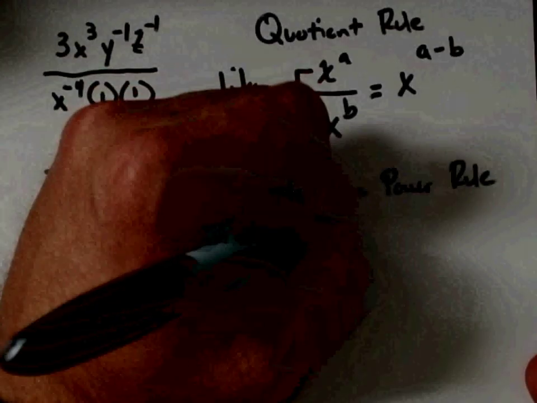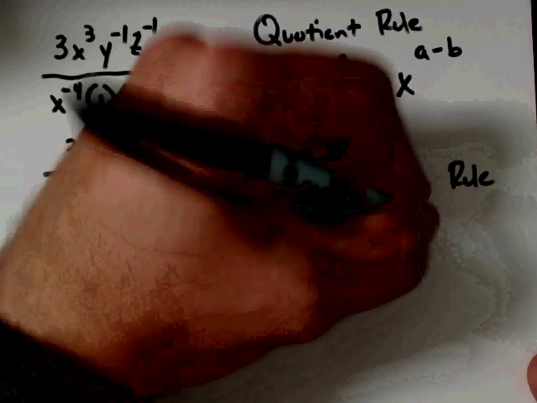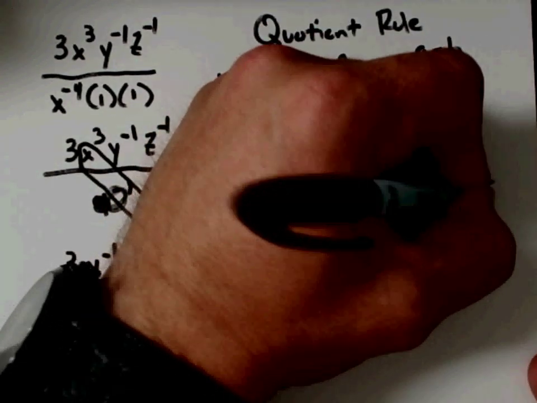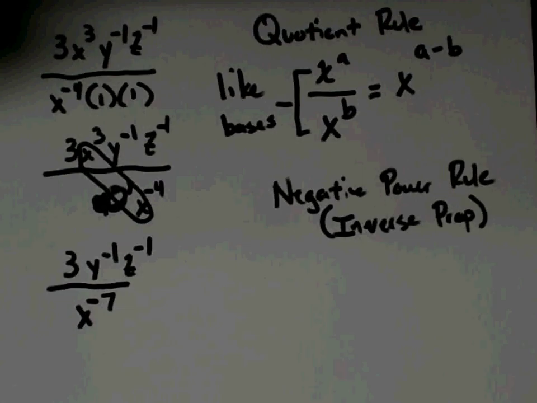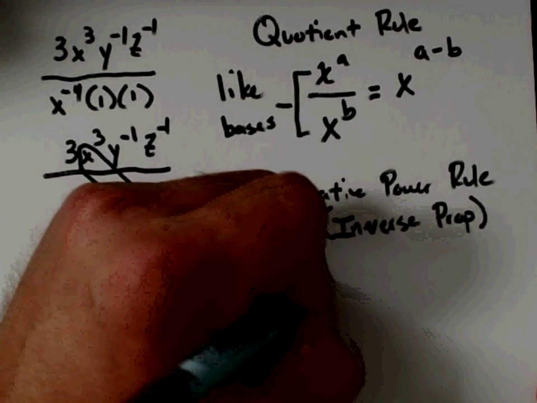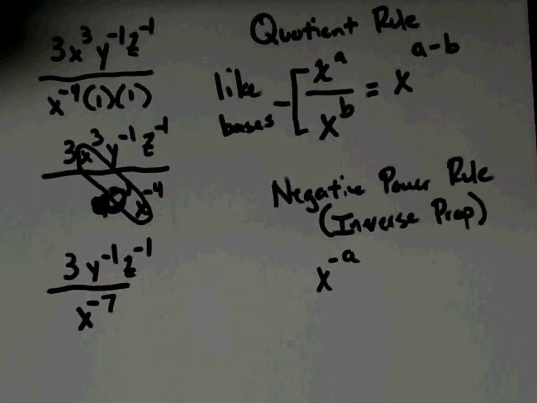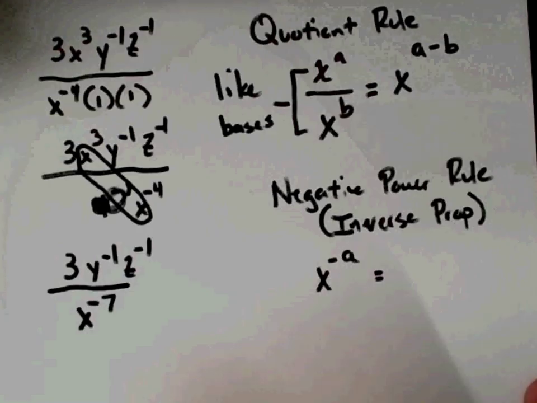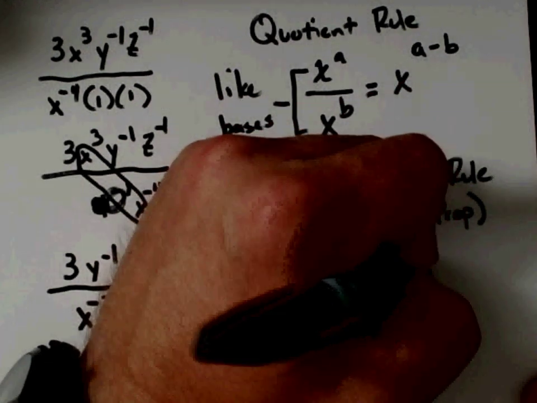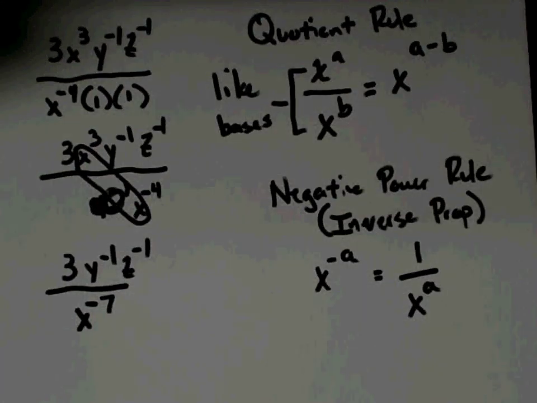It's called the negative power rule. If you look this up, I would assume it would be called the inverse property. Okay, and what it says is if I have x raised to the negative a, where a is any power I want it to be, then what happens is it flips it and it becomes x to the positive of that power. Okay?